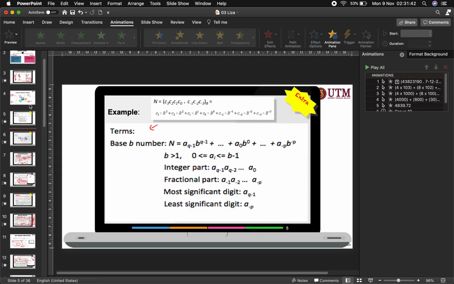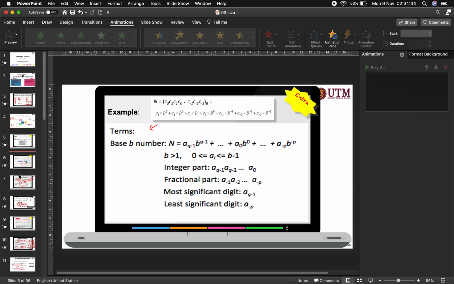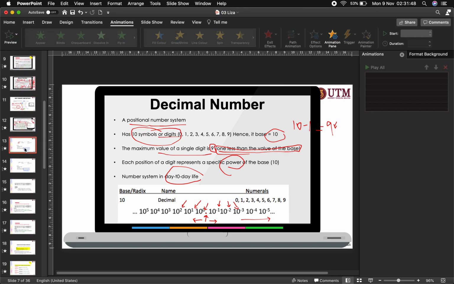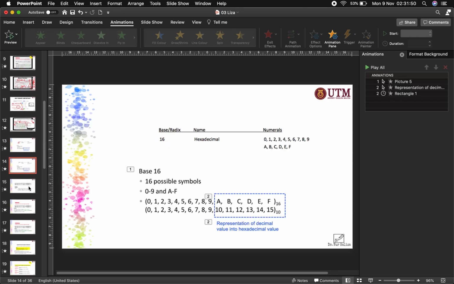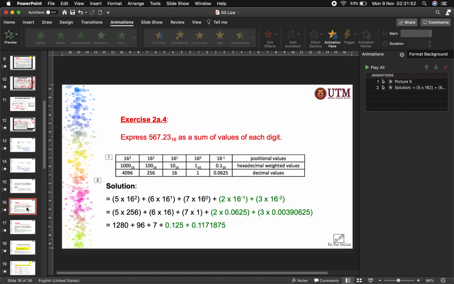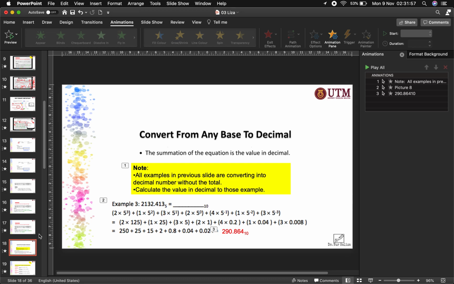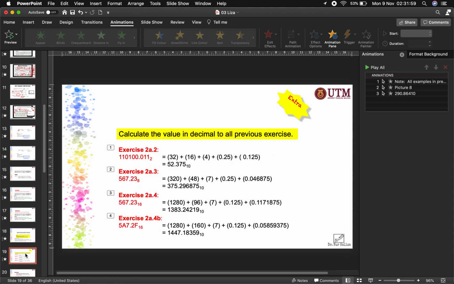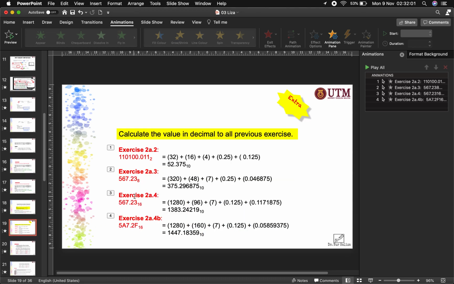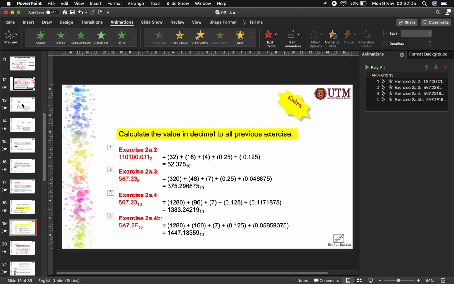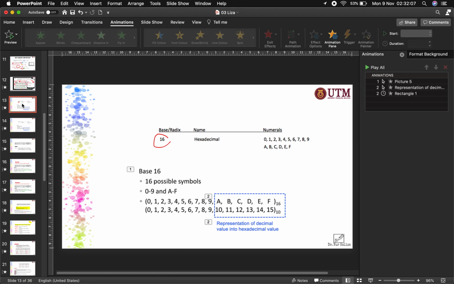I think I messed up my slide already, but it's okay. So over here, maybe we can just focus on hexadecimal first. Later on, I will show you the octal. Octal is basically base 8, but it is a simple one. After this, I will show you base 8.